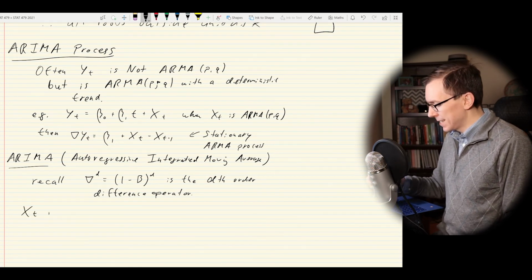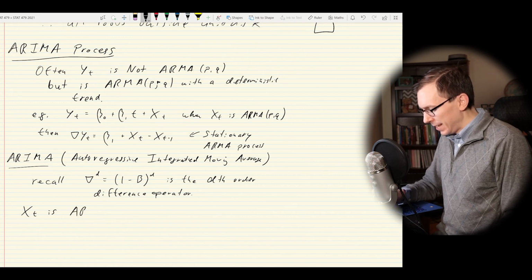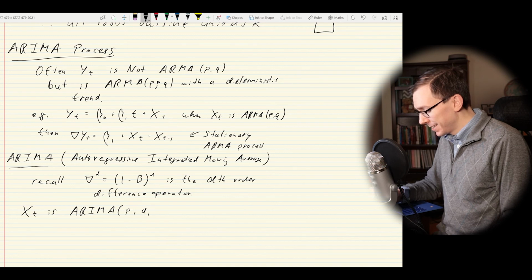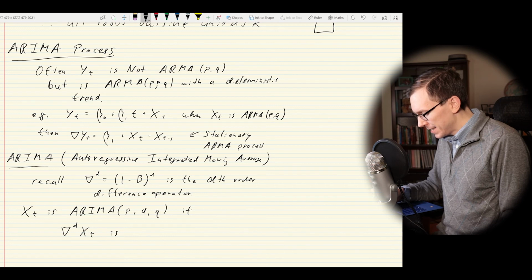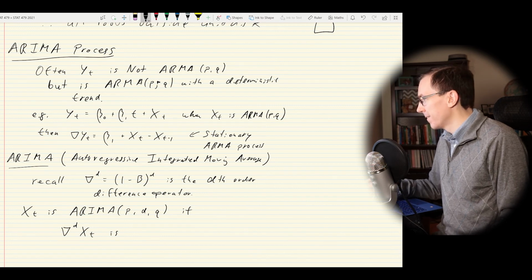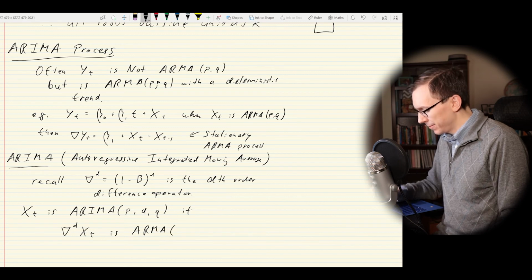The thought process is that X_t is ARIMA(p,d,q) if nabla^d X_t is ARMA(p,q).